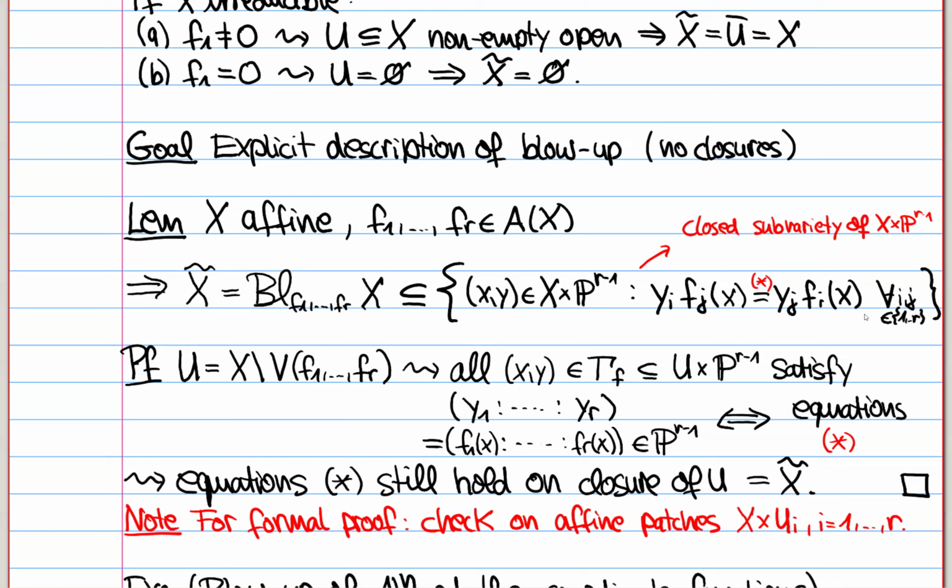If you want to really check this formally, then you should go to these affine patches X × U_i inside this projective space. And then on the affine coordinates there, you can check that this really defines equations in the coordinate ring of this affine variety. And so on there, it is closed.